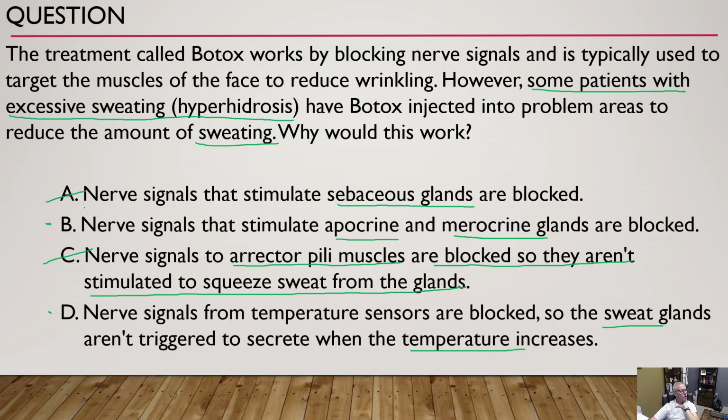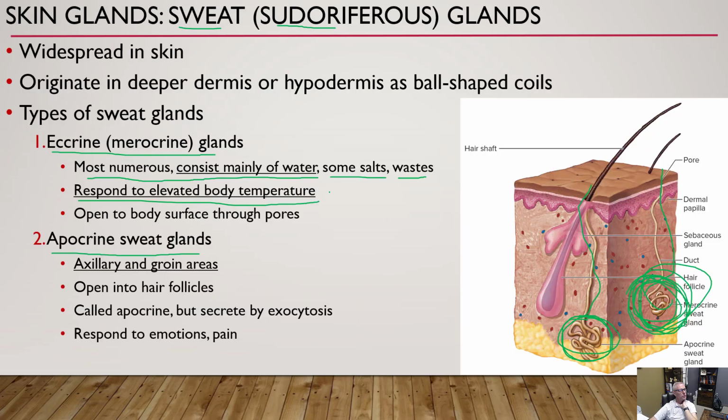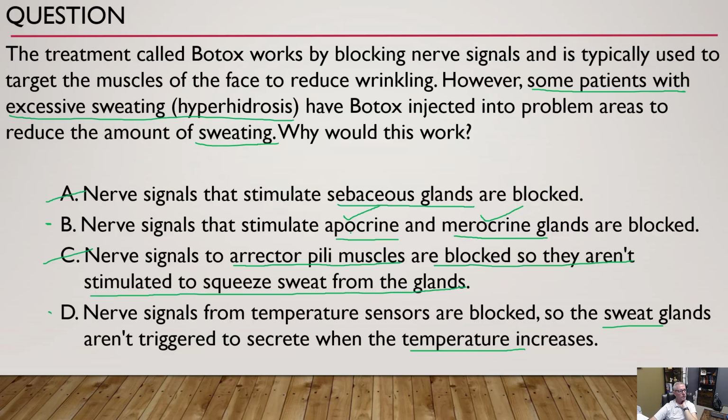Answer B accounts for both apocrine and eccrine, which is merocrine. Answer D only addresses when the temperature increases, so it only accounts for merocrine or eccrine. So answer B is actually a better answer because it's more encompassing than answer D.